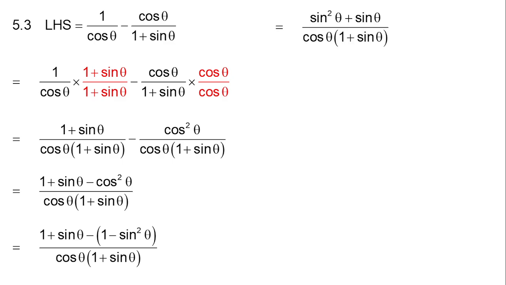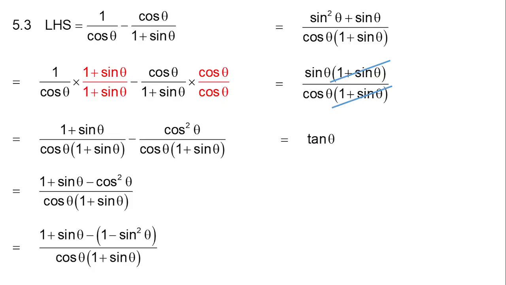And if you simplify, you end up with sine squared theta plus sine theta on the numerator, and you can take out the common factor and you can divide what is the same, and you end up with sine theta over cos theta, which is tan theta, which is equal to your right hand side.